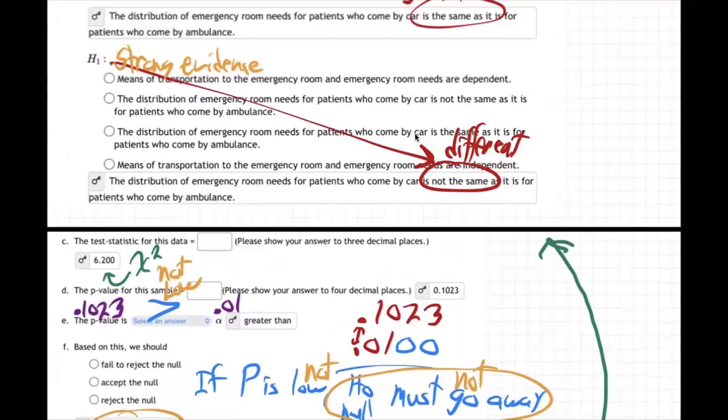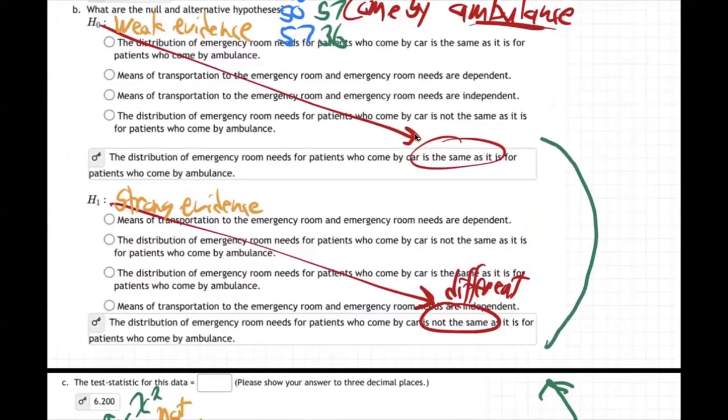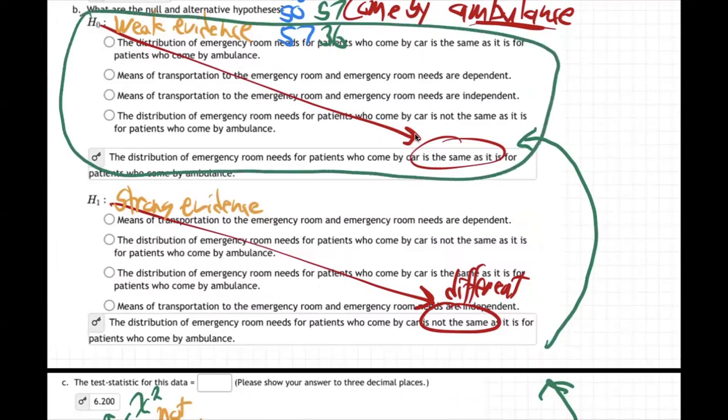So I'm going to go up here, just keep on trucking up. So I'm right here. I'm going to keep the null. So weak evidence and same. We're saying the people that come by car or by ambulance are pretty much the same. Doesn't seem like there's a big difference between the groups.